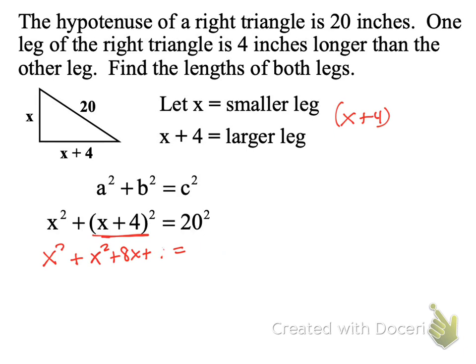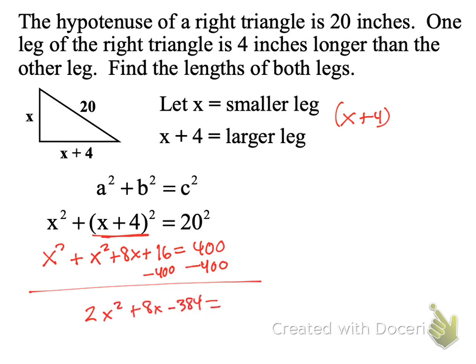Now we're going to combine our like terms and subtract 400. This becomes 2x squared plus 8x minus 384 equals 0.